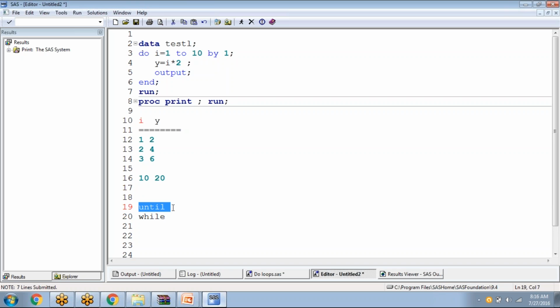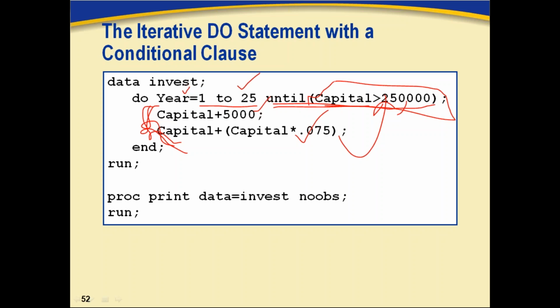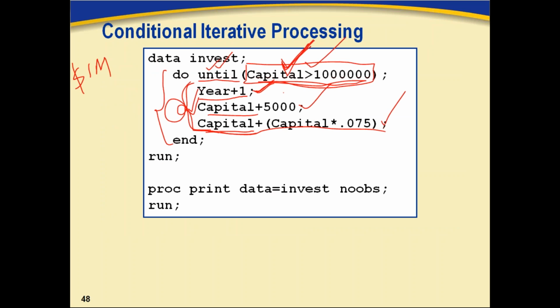In case of until, it will first execute the statements and then check the condition. The best example is the one I showed you here. In case of until, first it will execute the statements.